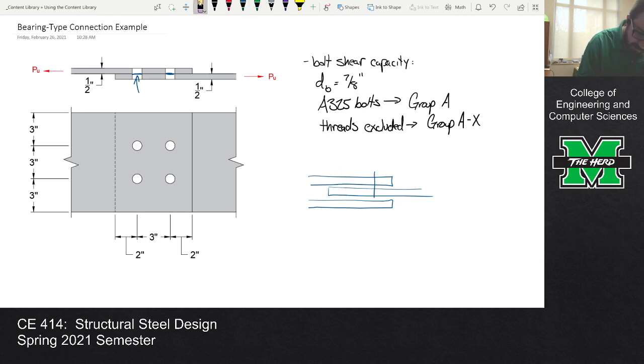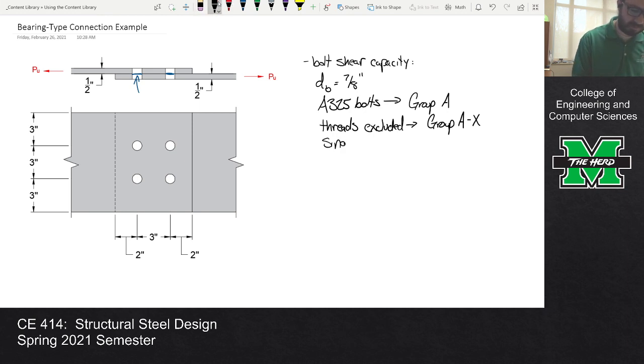Actually, let me use a different color for my bolts. If I had bolts going through it like this, then there would be 1, 2 shear planes for bolts. That would be a double shear situation. But in this, we're dealing with single shear. Okay? So, single shear.